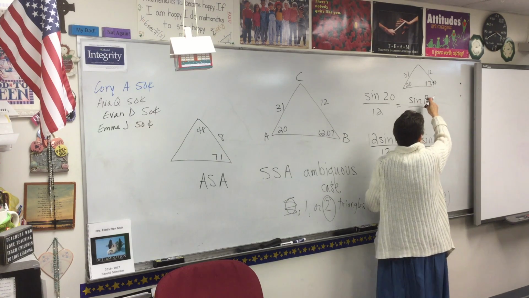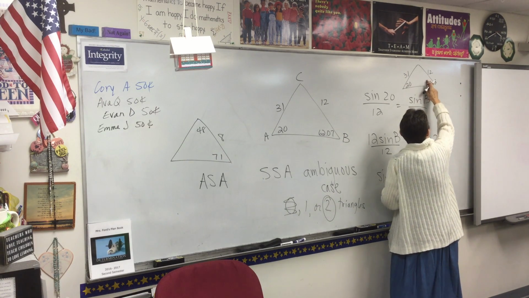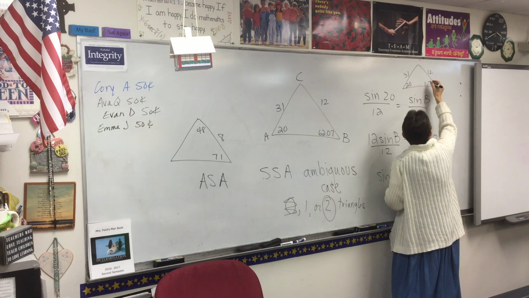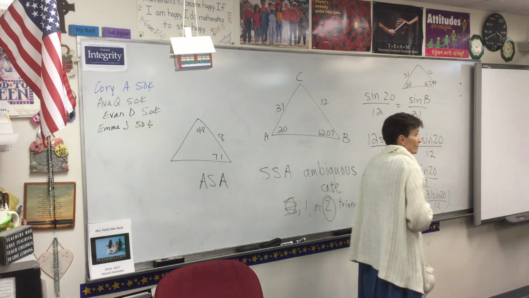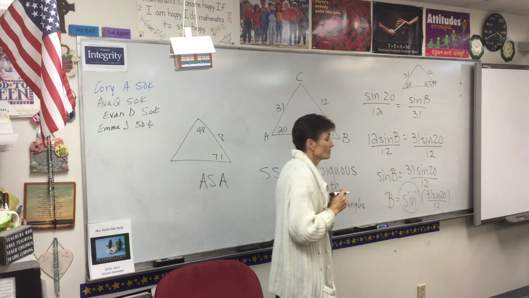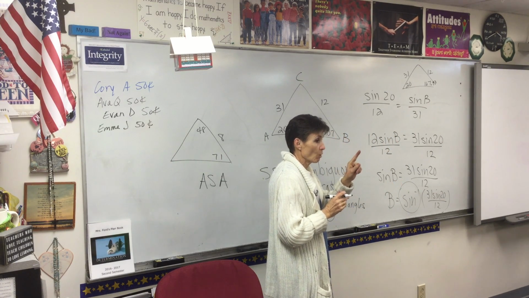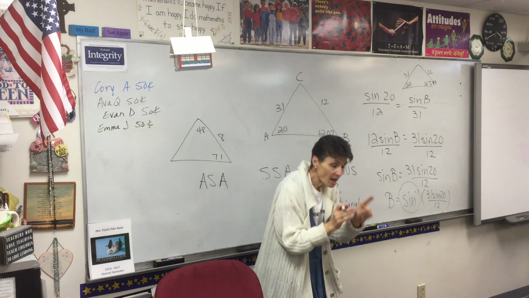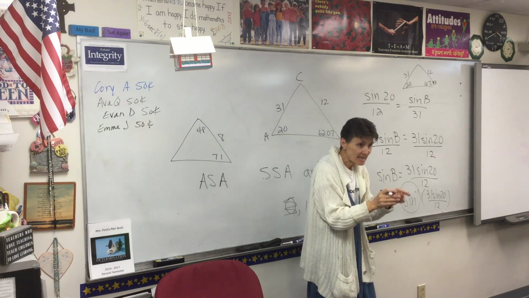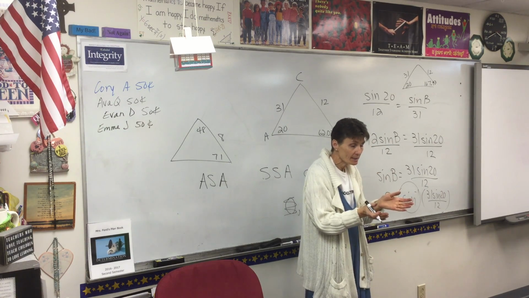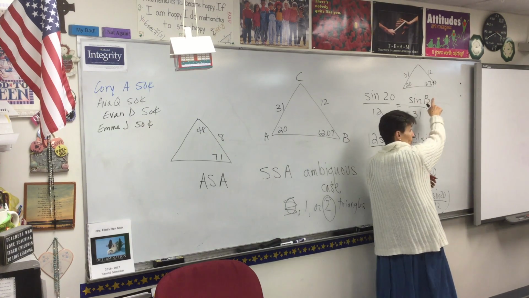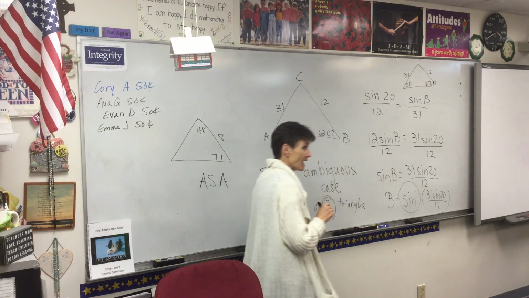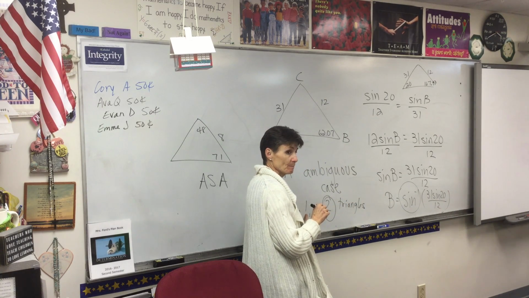Let's suppose when I found this second answer, this turned out to be 167.93. That's more than 180. So sometimes the second answer is so big that it gives you more than 180 degrees. So that wouldn't work, which would mean you would only have one answer.